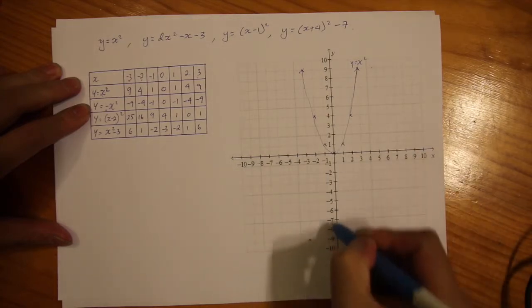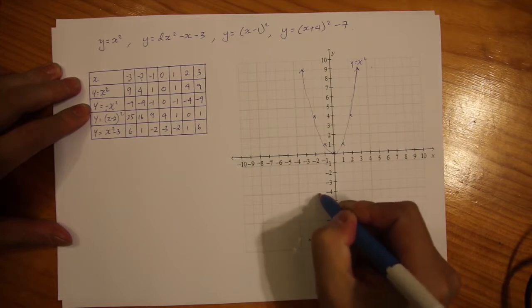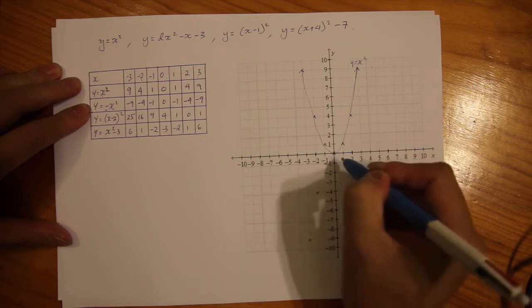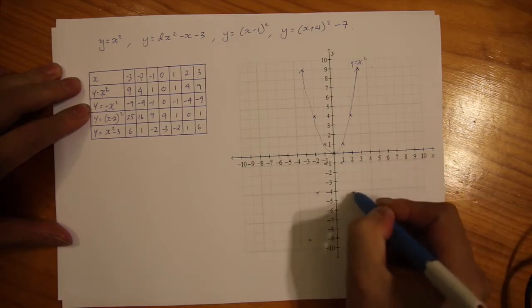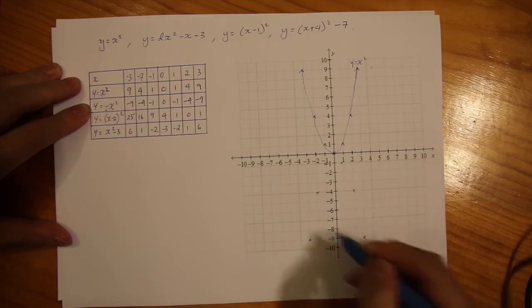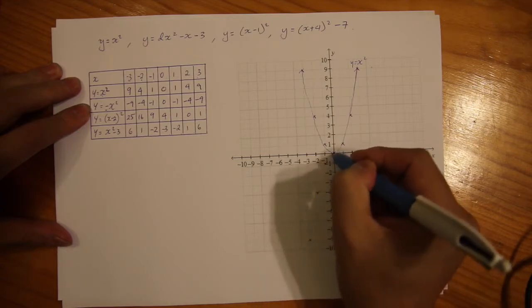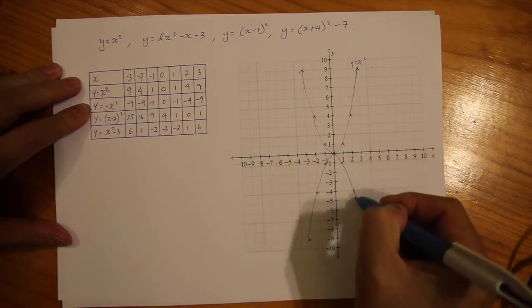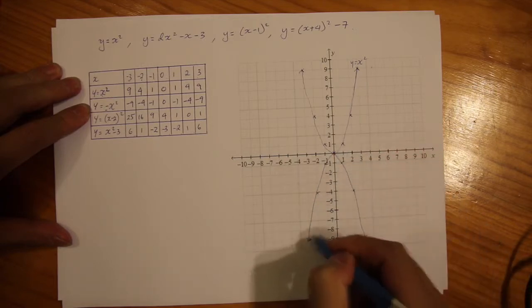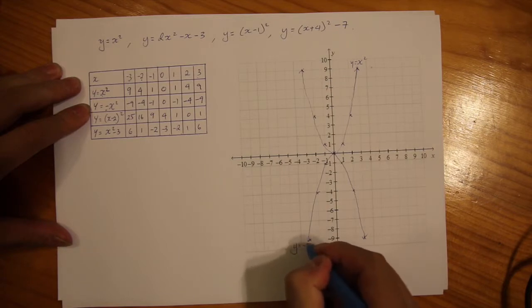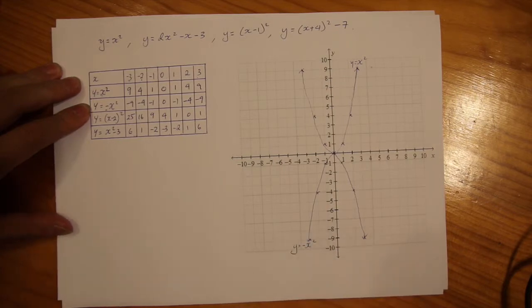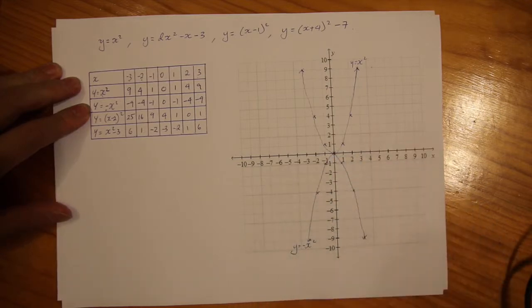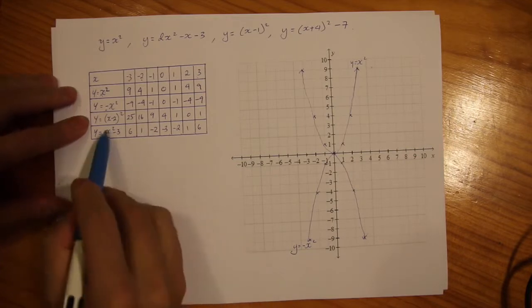So it will start here and then move on to here, here, back to 0, then across, and then back out again. So you'll find that this line here is y equals minus x squared.